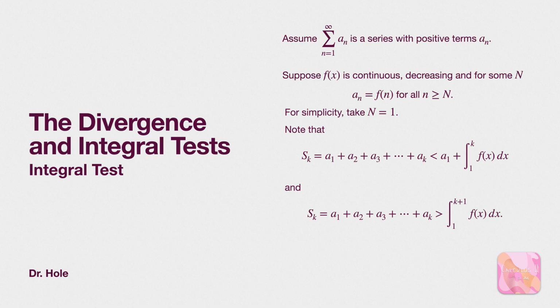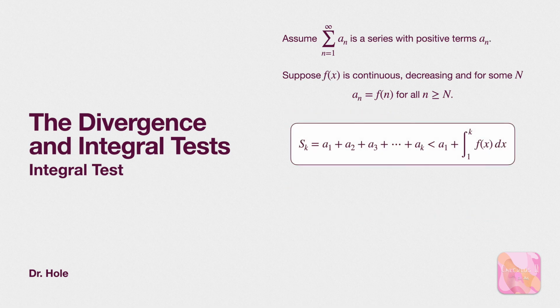All right. Let's restate these. So here we're looking at an upper bound on the kth summation. Restate that as the kth partial sum bounded by the first term plus a definite integral.